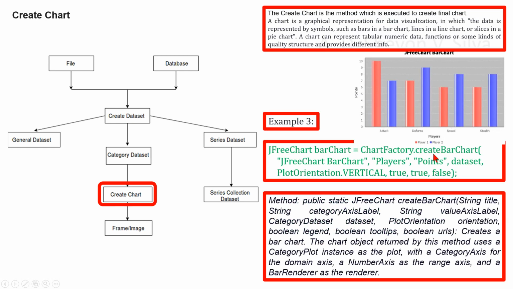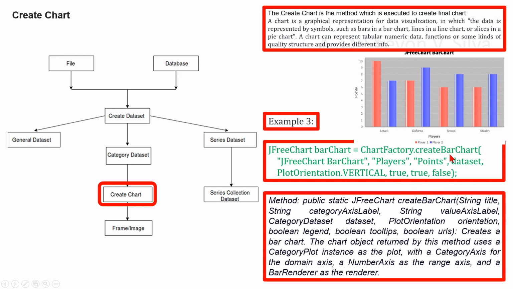The method public static JFreeChart createBarChart(String title, String categoryAxisLabel, String valueAxisLabel, CategoryDataset dataset, PlotOrientation orientation, boolean legend, boolean tooltips, boolean urls). This method creates a bar chart.